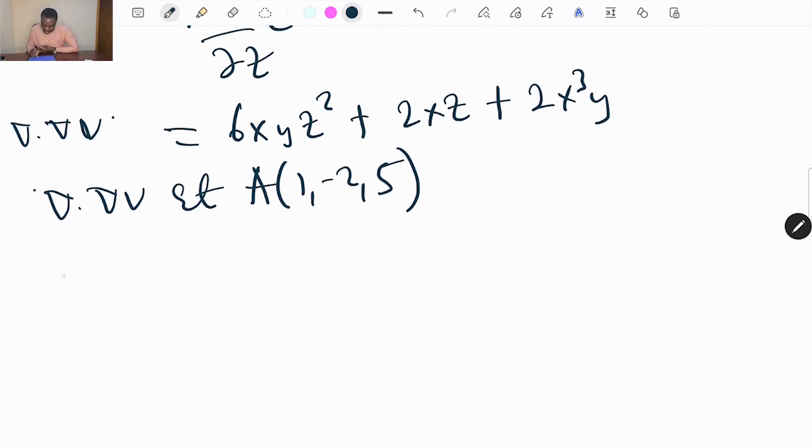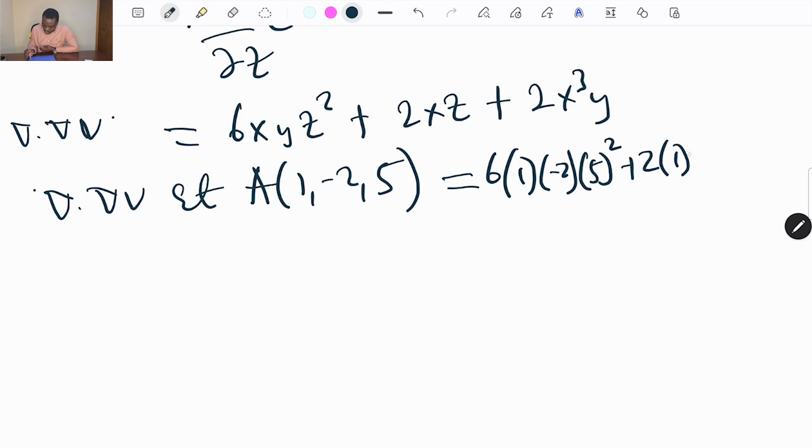We do the replacement: 6, x is 1, times y, which is -2, z is 5, so we have 5 squared here, plus 2, we have x which is 1, then z which is 5. Then the last one, we have 2 times 1 raised to the power 3, then the last one is y, which is -2.